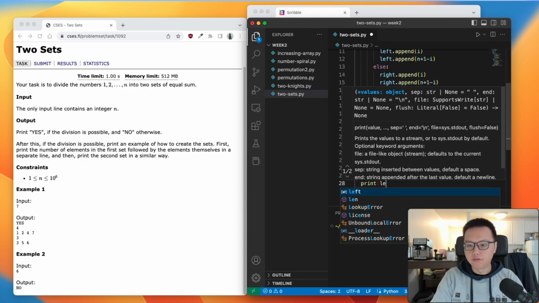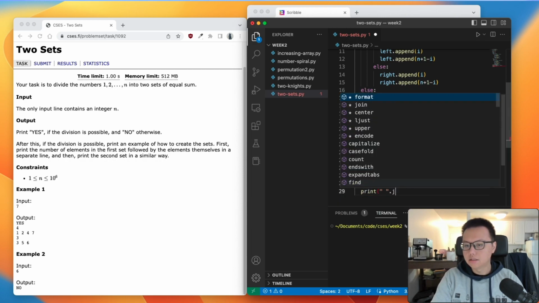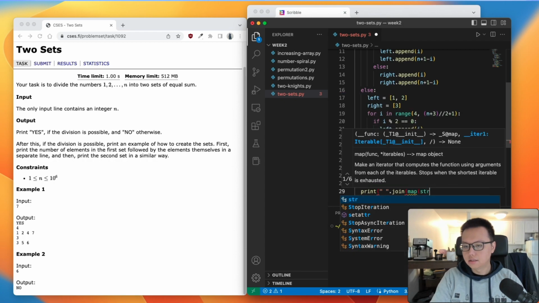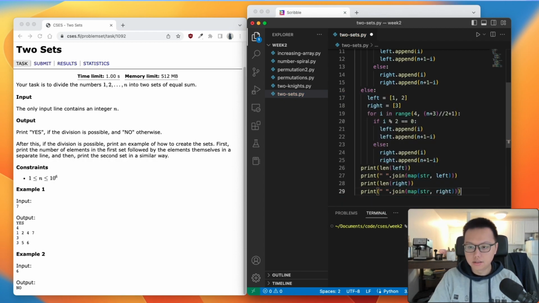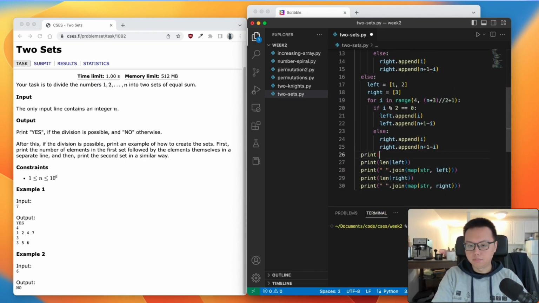And then we do the same thing for the right. Okay, and that should be all of it. I think we also need to print yes in the beginning. Okay, let's try this.